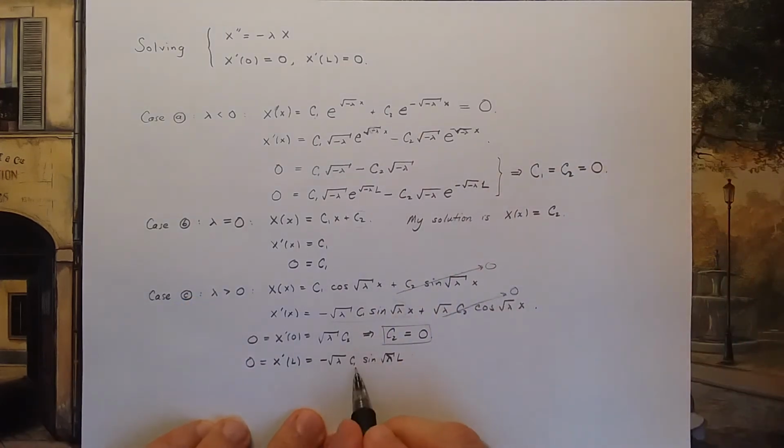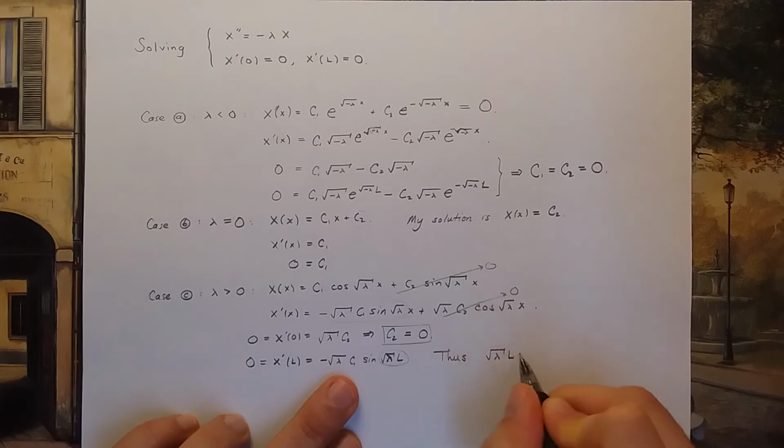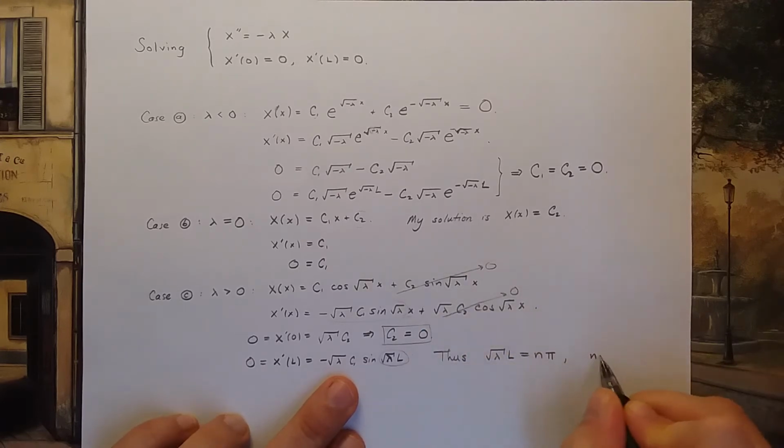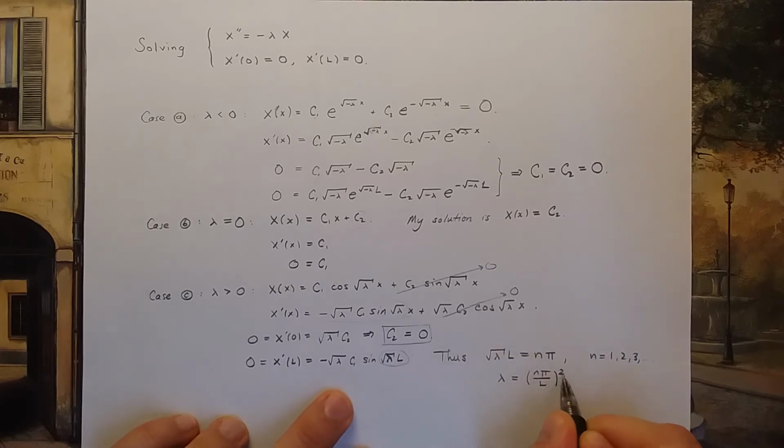So in order for this to be non-zero, I need this argument to be an integer multiple of pi, because in that case, sine is equal to 0. So I need square root of lambda L to be a positive integer multiple of n pi, where n could be 1, 2, 3, and so on. Thus, I know lambda is n pi divided by L, squared.